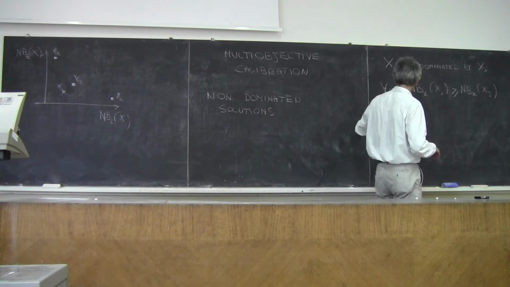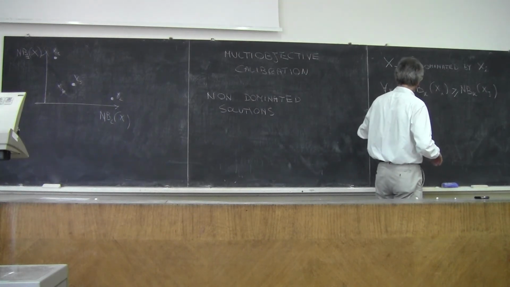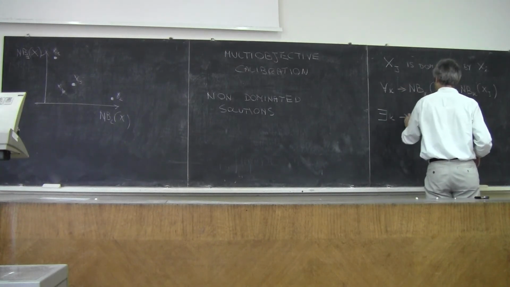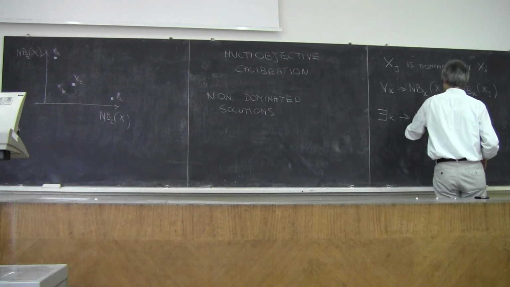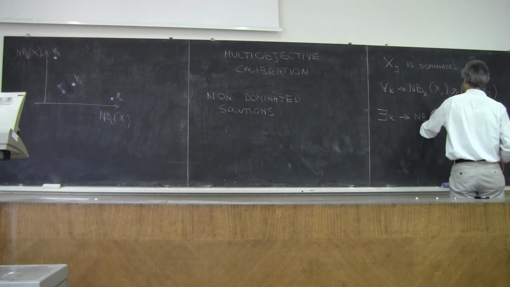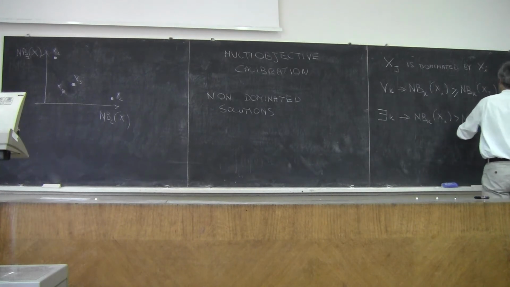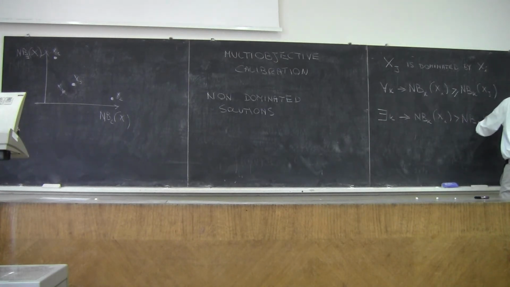So there must exist a k such that ndk of xi is greater than ndk of xj.